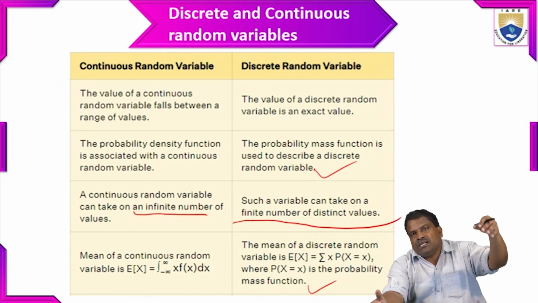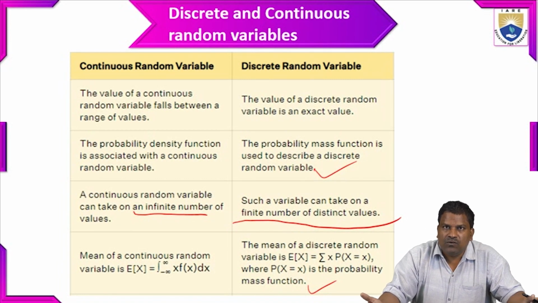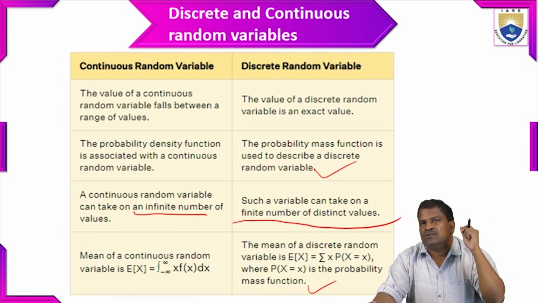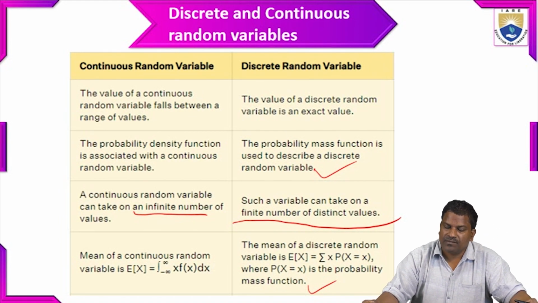It means it falls within an interval, some open interval a comma b. How many values will there be in the open interval a comma b? An infinite number of values. It may take any value. That's why it is a continuous random variable.